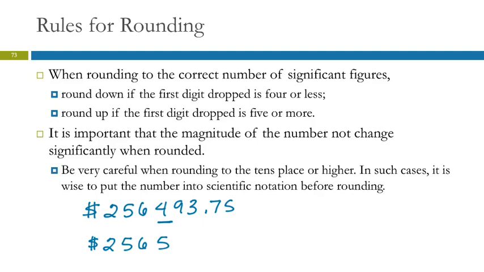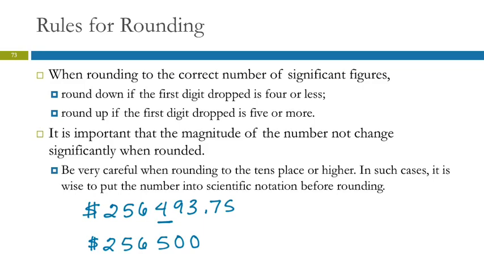You don't change the magnitude of a number when you round it, okay? So how do we avoid that? Well, we're going to have to stick some zeros in here. So if you're rounding in the tens place or the hundreds or whatever, you stop here, and then you have to replace those digits with zeros until you get to the decimal point. So you could do that.